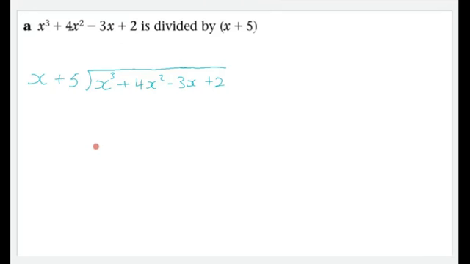If I was to start solving it, you could just go through the process. What I can tell without starting is that when I have x squared up here, it can't be x squared times plus 5. Wait, no, that's not it. I'll give you a clue.